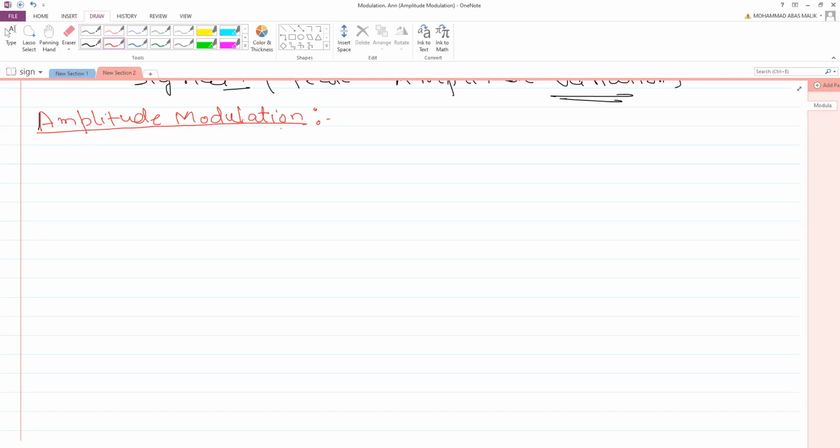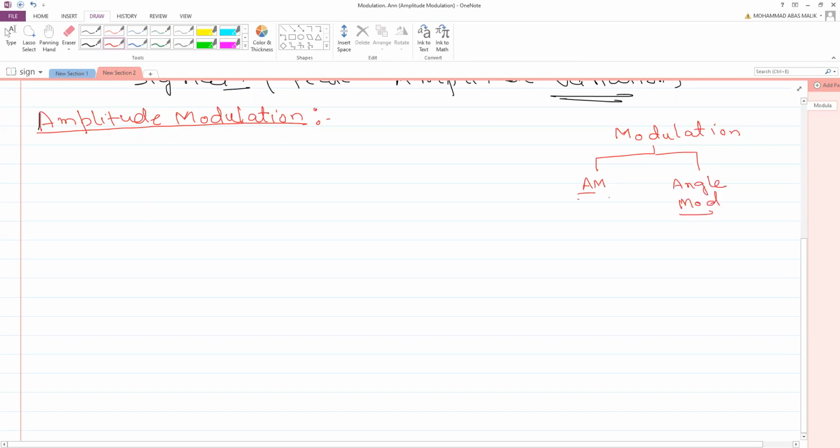One is amplitude modulation, another is angle modulation. Angle modulation itself is divided into frequency modulation and phase modulation. First we will start with amplitude modulation.